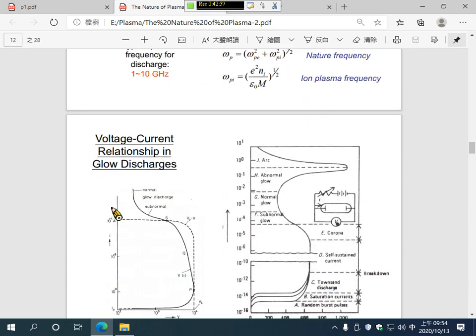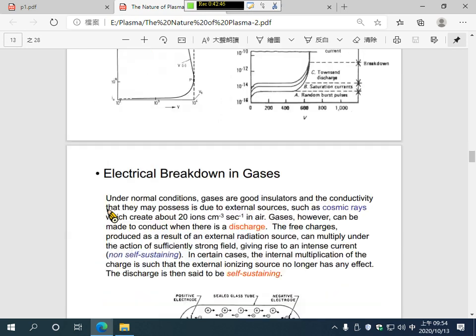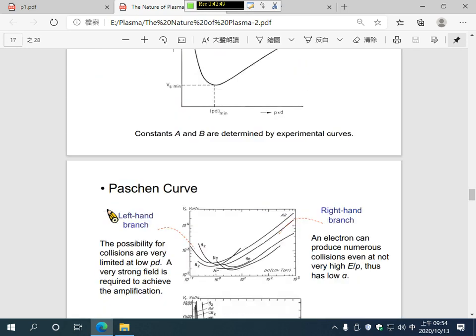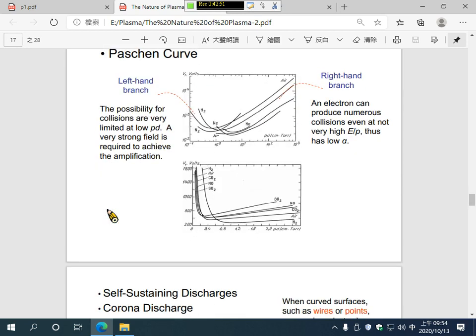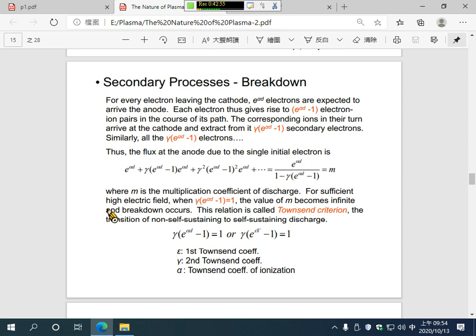The IV characteristic of glow discharge, or the Paschen curve, and the analysis of the Thomson criterion for self-sustaining discharge. Okay, so all these parts are important in this chapter.